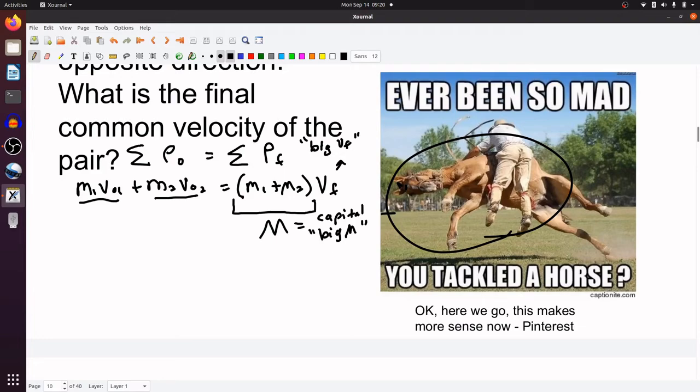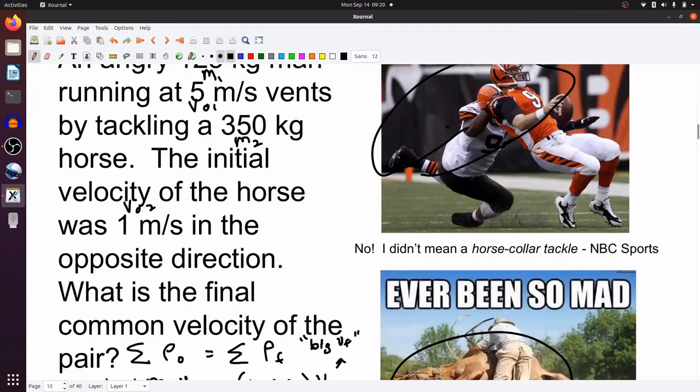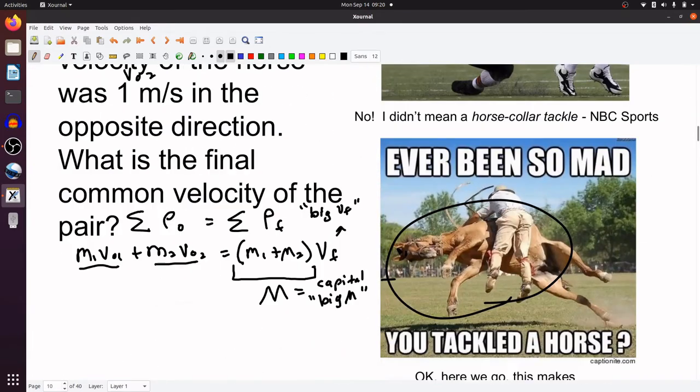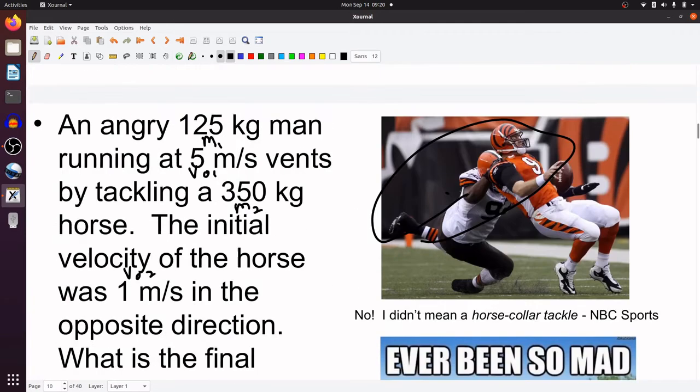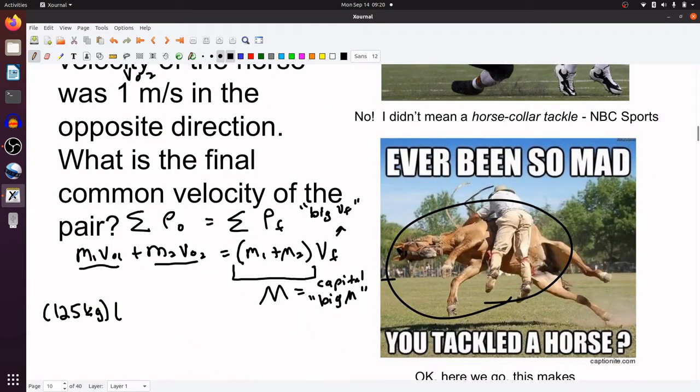So, all right, what are our numbers? Well, the man was a very large man at 125 kilograms, but hey, large men get angry sometimes. And the large man's velocity was 5 meters a second, which is pretty speedy for a guy that big. I need to erase this before I run into it.